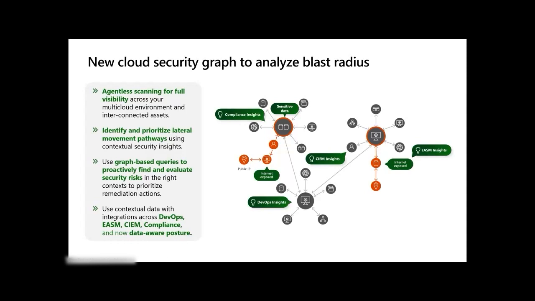So going back to the previous example, if out of those VMs that you have in Azure, AWS, and GCP, you wanted to understand which 10 VMs you needed to remediate first, because those could be used by attackers to gain access to your environment, then Defender CSPM's capabilities could help out with that.